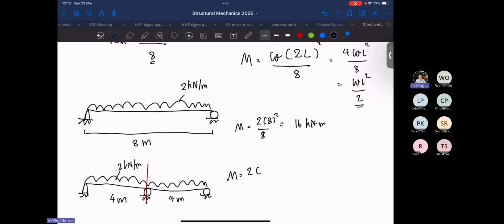So 2 multiplied by 4 square divided by 8 will be just 4 kilonewton meter. As you can see, 4 times different. I would like to show you that to double the span length, the material cost would not be double. It will be 4 times higher. So please manage the span length as efficiently as possible.